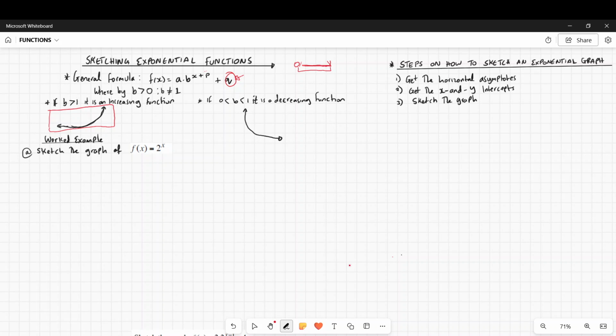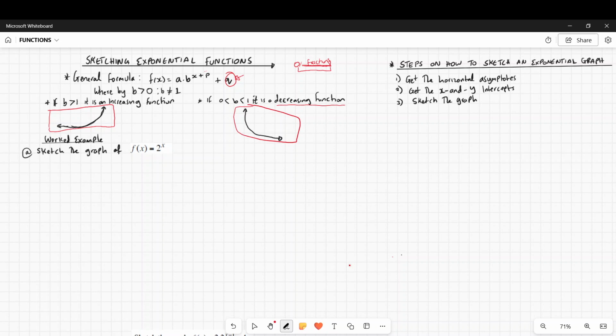Are you seeing that? In most scenarios you'll find that it comes in the form of fractions. Now this is the shape of the graph. It will look in this way, and this graph will be known as a what? A decreasing function.